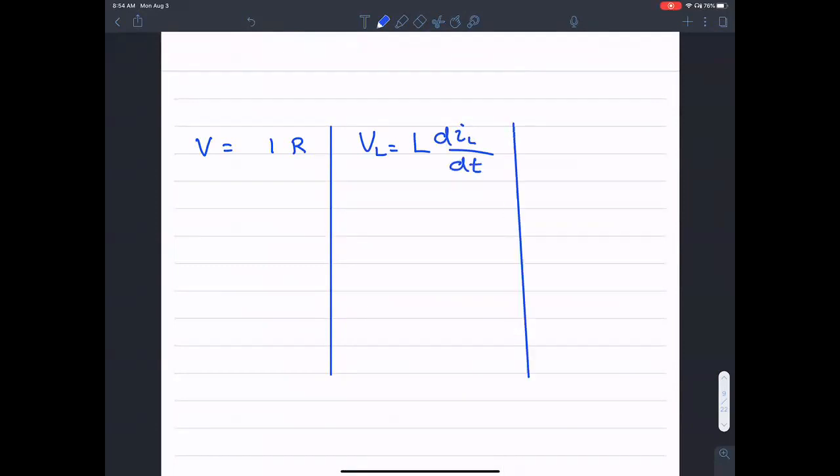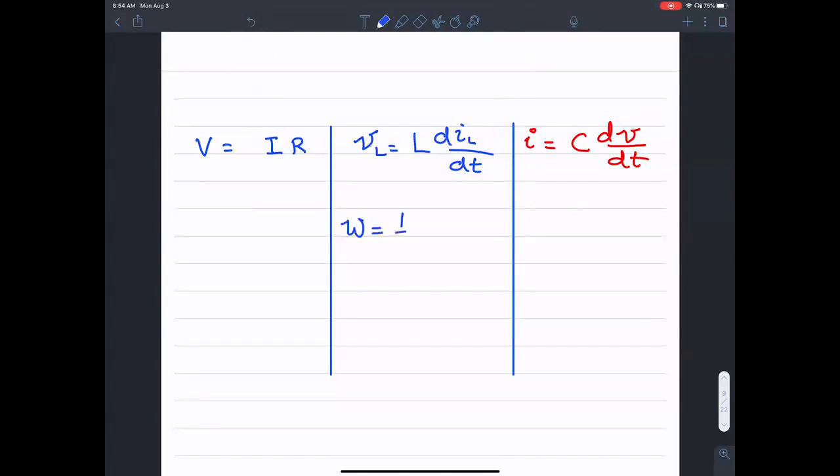For a capacitance, I is C dV by dt. The energy stored in an inductance is 1/2 Li squared.